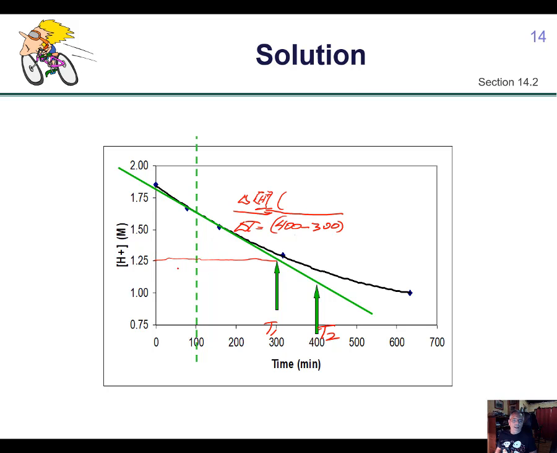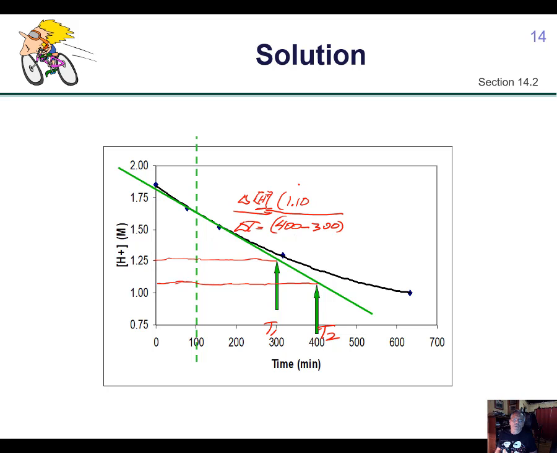I'm going to kind of fudge it a little bit, and I will call T1 1.25 and T2, I'm just going to kind of fudge that a little bit. It's pretty loosely drawn. I'll just call that 1.10.